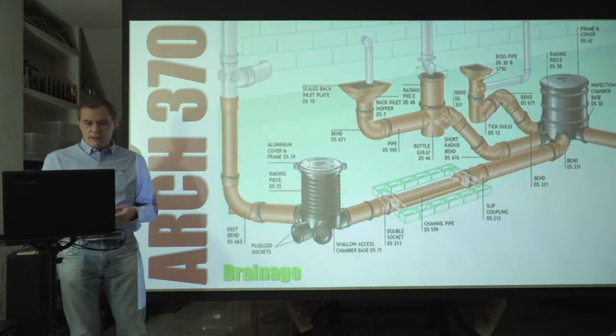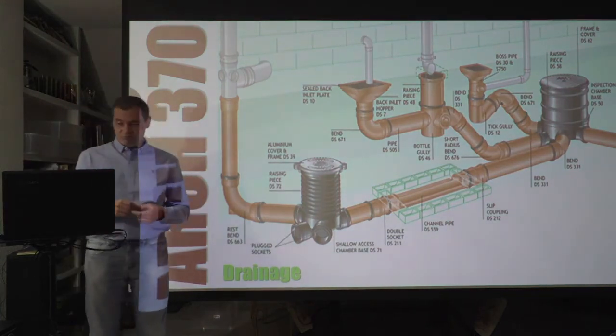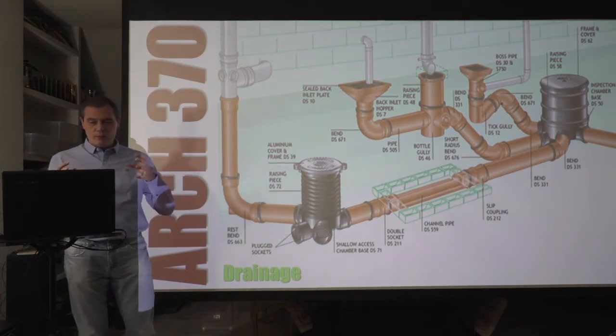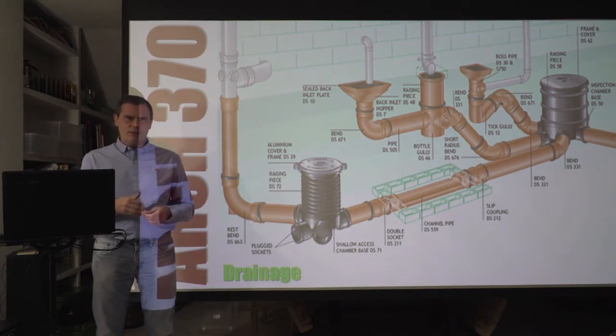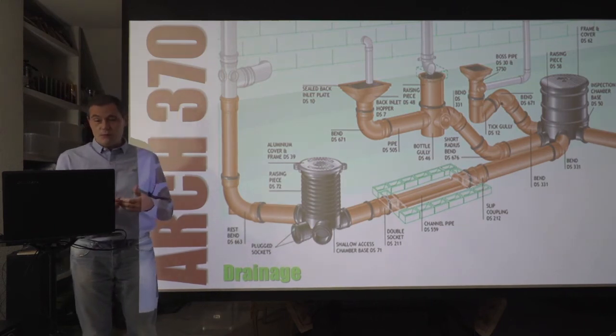What else do we have? We have the drainage system. This is not the most beautiful thing on earth, but we need it. So we need to provide the building with air and water, but we have to get rid of things that we have used, basically through the water.